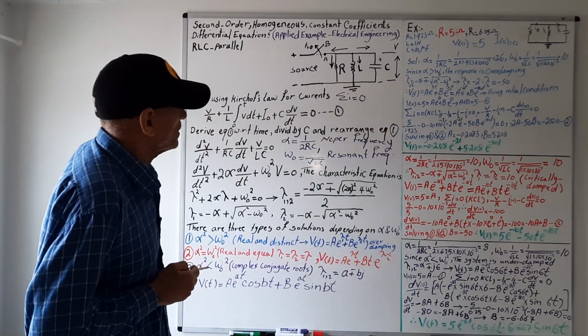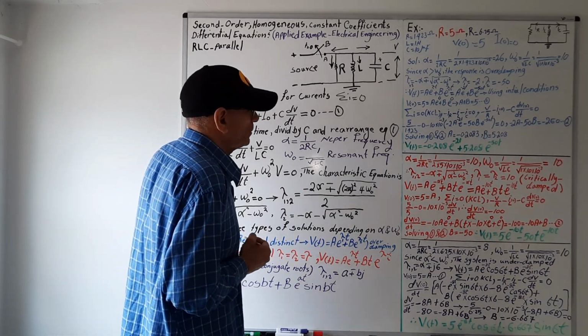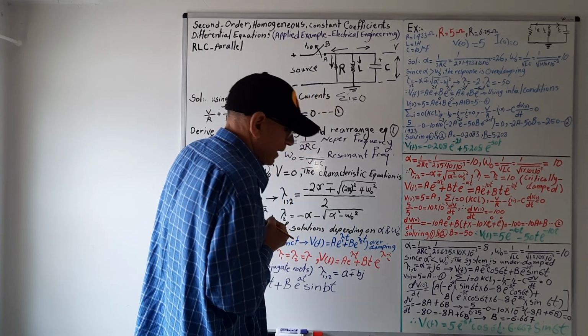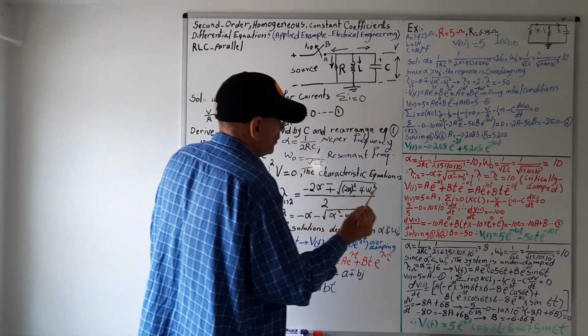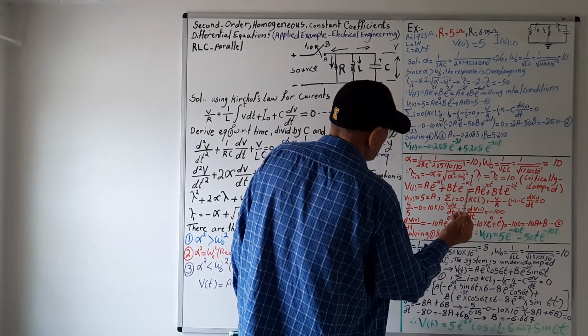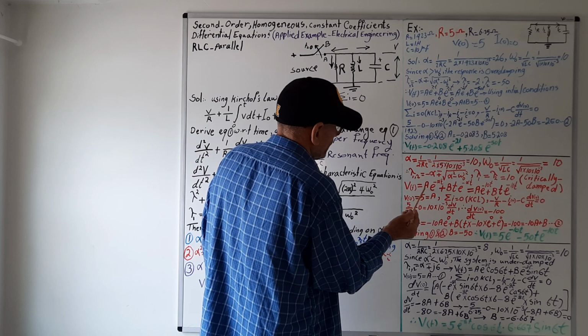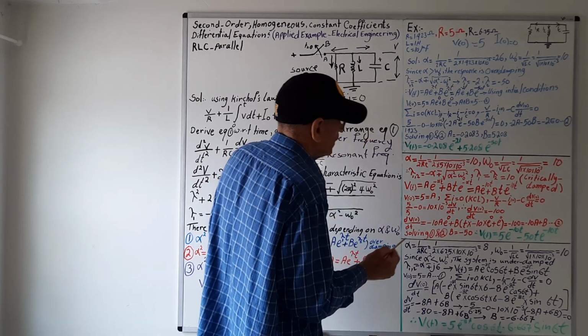The second case is when lambda 1 equal lambda 2, because alpha and omega naught are equal, so this is our formula of the solution. Remember, we just add t here. It's the same, but here t.